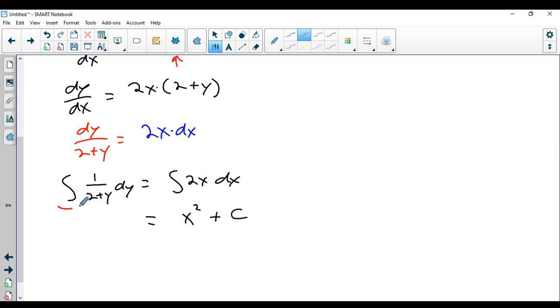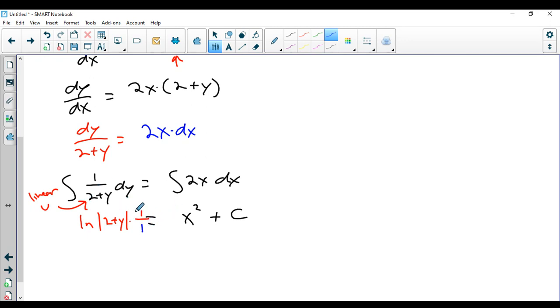So when you have a linear u, you can treat this as stuff and do what's kind of like the reverse chain rule. So do you know a function whose derivative is 1 over stuff? And the answer is yes. It's going to be ln absolute value of stuff and then times 1 over the derivative of stuff. So 2 plus y, that's an easy one. That's just 1.